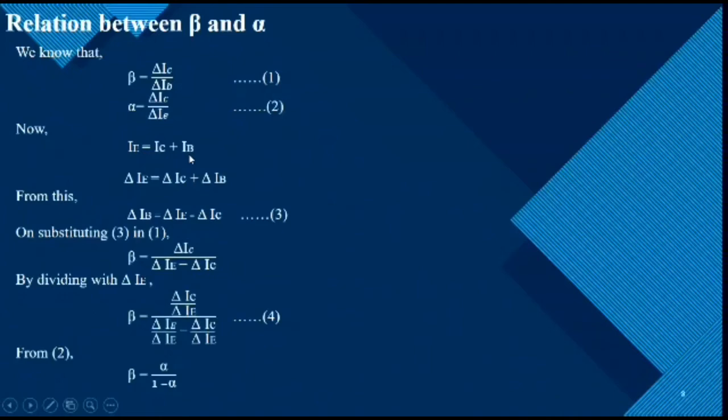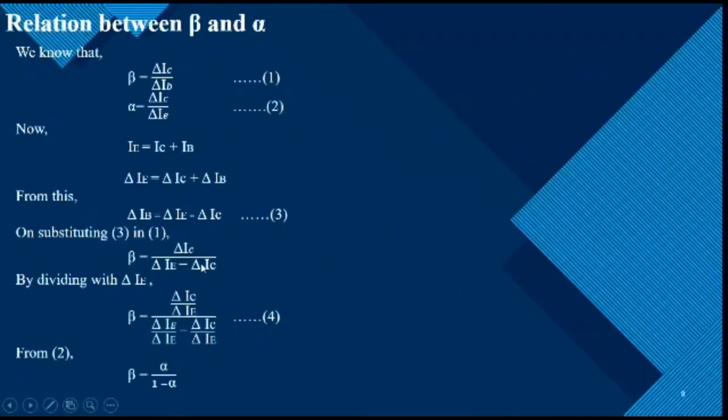Now from this equation we can write delta IB, that is change in base current, is equal to the difference between the change in emitter current and change in collector current. So let this be equation 3. Now by substituting this equation 3, that is the value of delta IB, in equation 1, we can write beta as delta IC divided by delta IE minus delta IC.